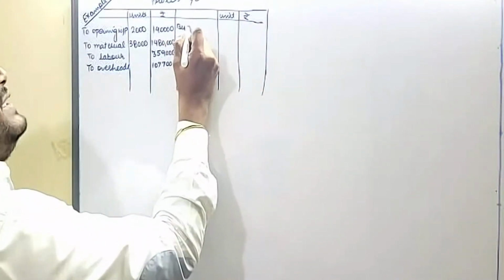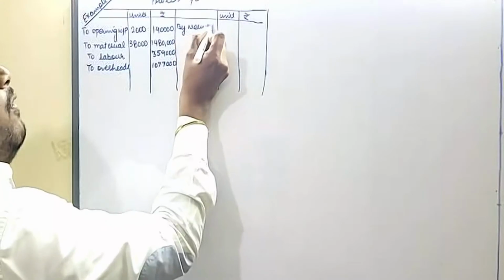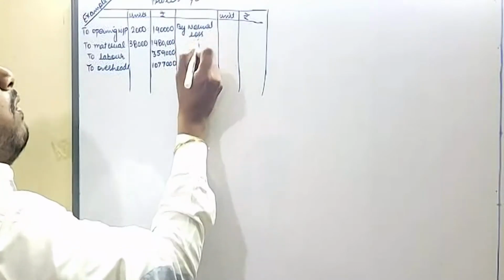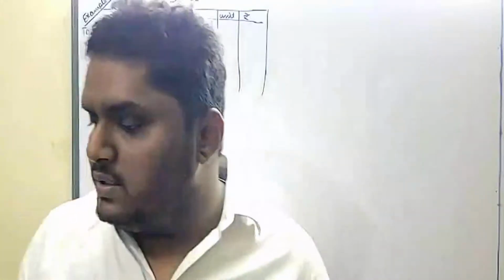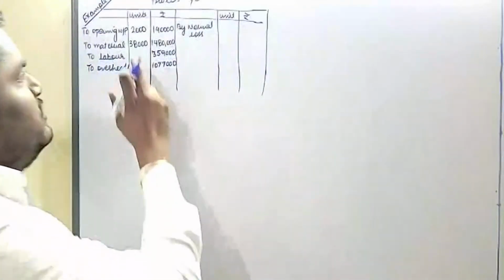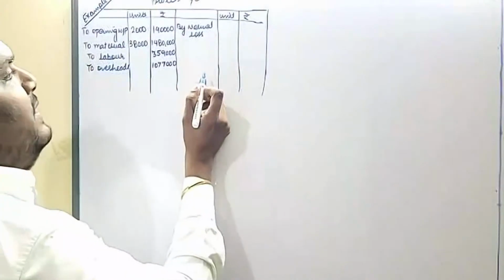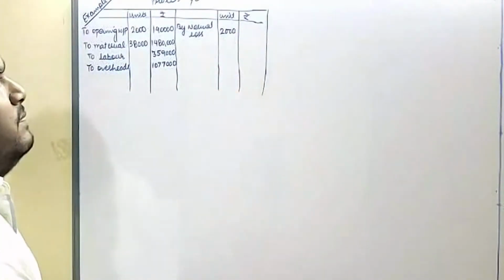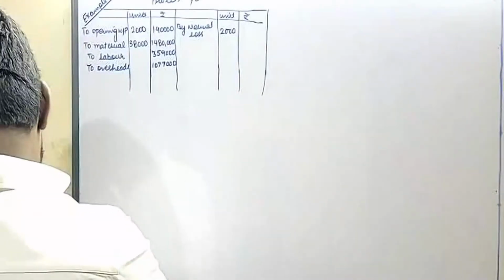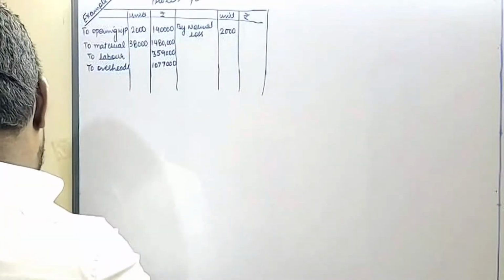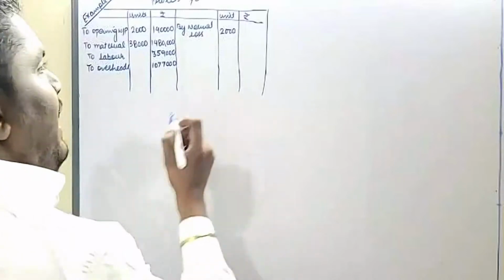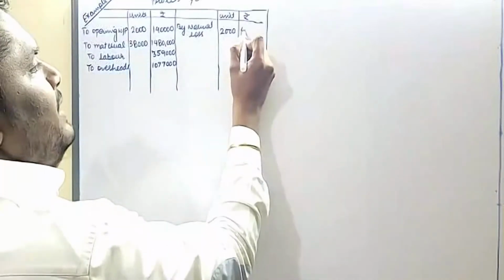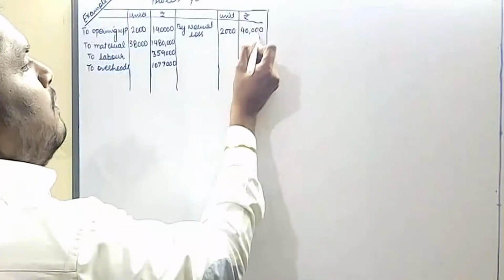Normal loss is given in the question. That is, normal loss is 5% of the total input. So 40,000 into 5%, that is 2,000 units. And the scrap value is also given, that is rupees 40,000.